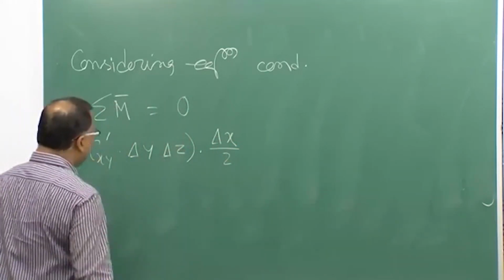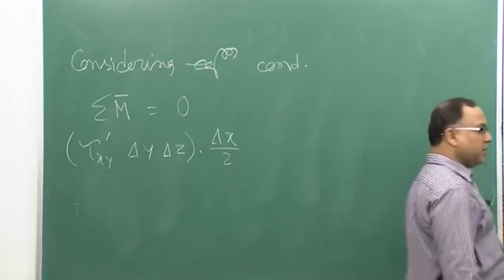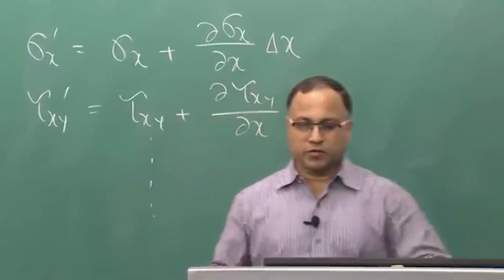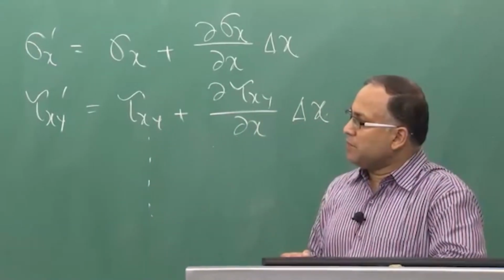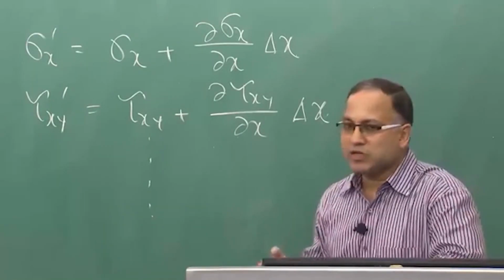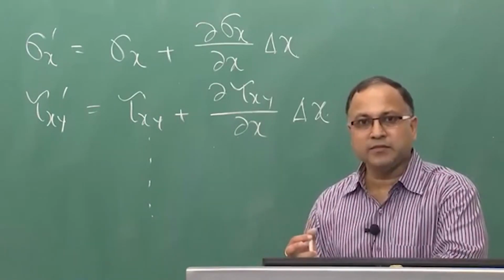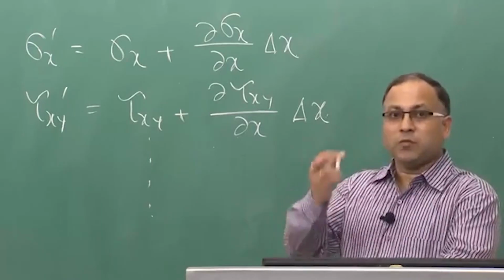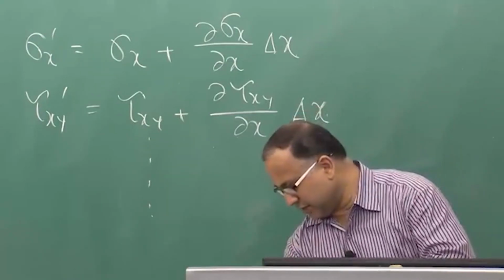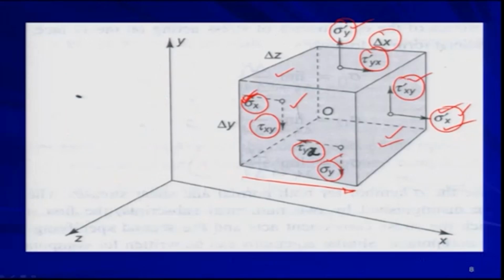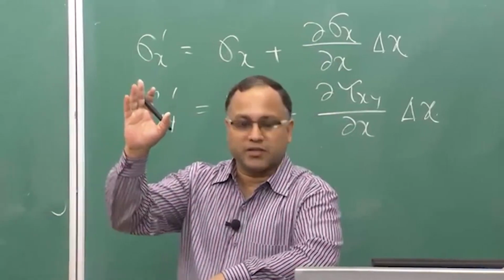So, tau xy prime del y del z is nothing but the force acting on the positive x plane. This stress is multiplied by del y, this is del y, this is del z. So, that gives you the force on the positive x plane along the y direction, right.